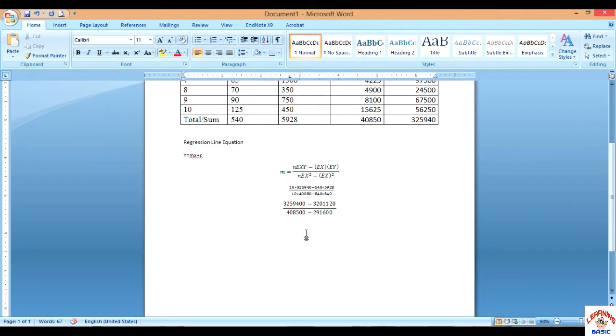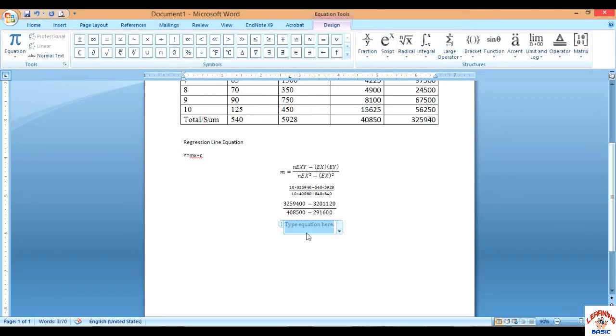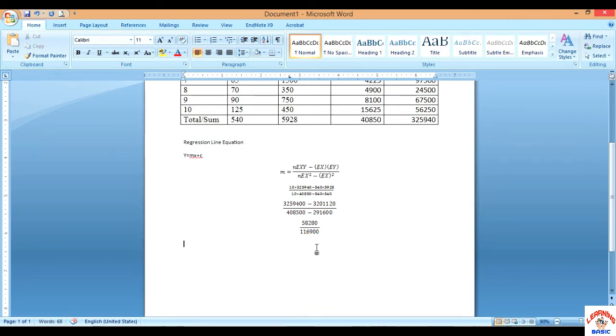So again let us solve this. This will be 58280 divided by 116900. So this will give us the value of 0.49. We'll be comparing this value in Excel. So we have m equals to 0.4985. Let us bold this.